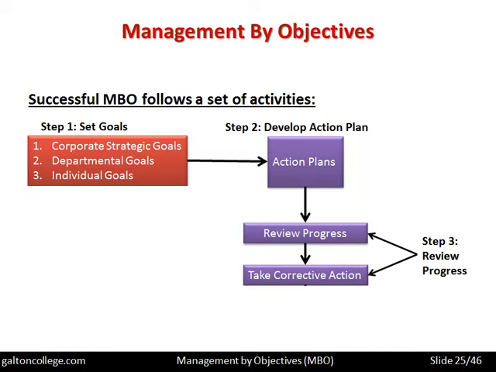If there's any deviation from what's planned, then take corrective action and then review it again. So there should always be reviews and then corrective action if it's required. And of course, that corrective action feeds back to the action plans, where the action plan is updated, and the process starts again, reviewing progress and taking corrective action if required.